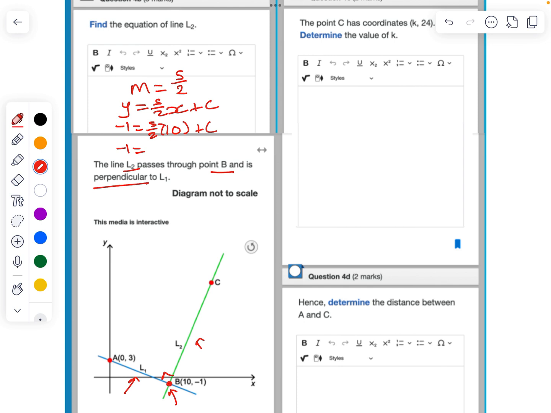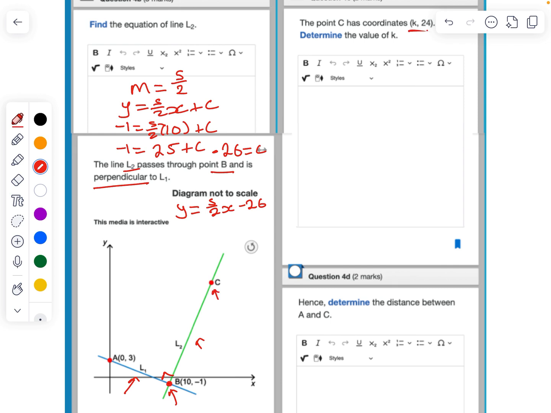So -1 equals 5 times 10 is 50, and then divided by 2 is going to give me 25 plus c. Then if you minus 25 from -1, -26 is c. So your equation altogether is y equals 5 over 2x, and it was a minus 26. So that's the equation of the green line.